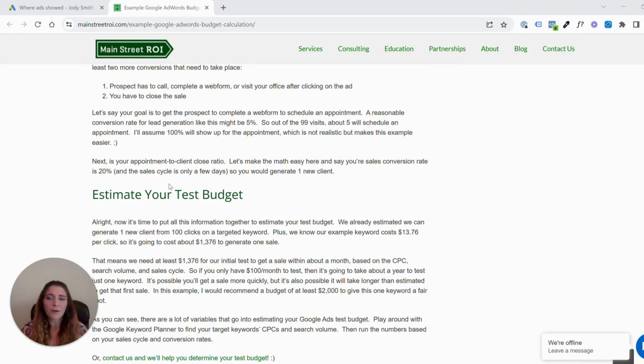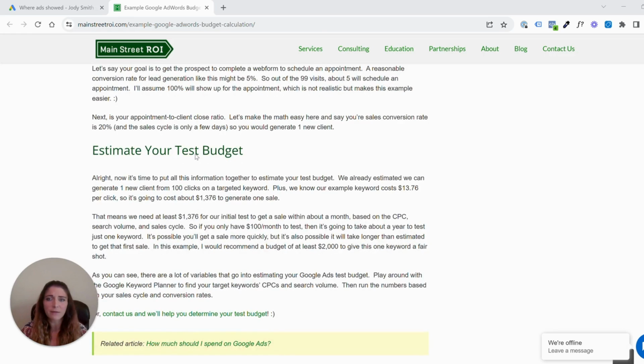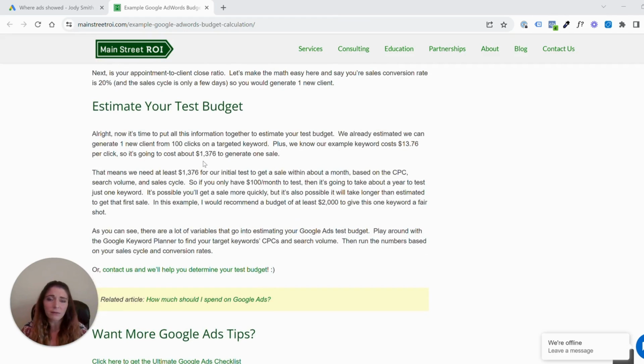So if you only have a few days in your sales cycle and 20% of your leads are likely to convert, then you would basically figure out how many leads you could get with your total monthly budget based on the likelihood of those clicks converting.